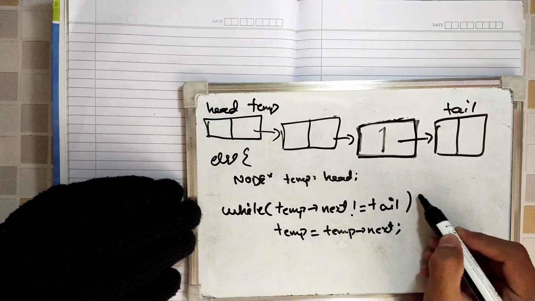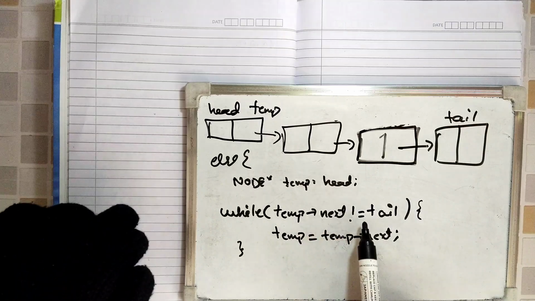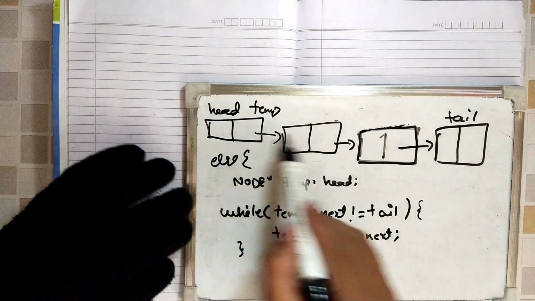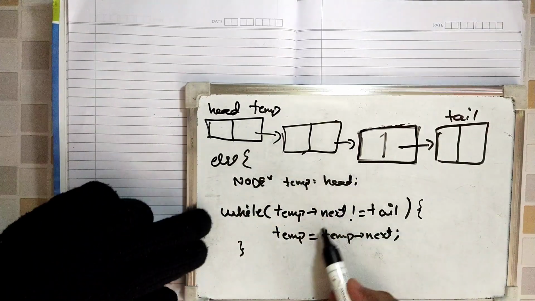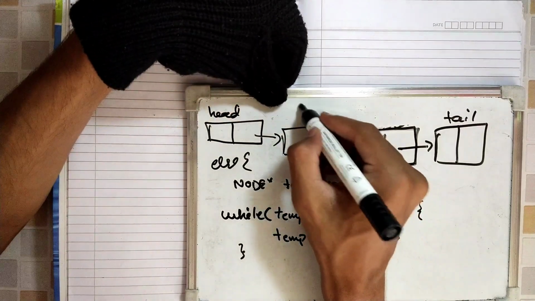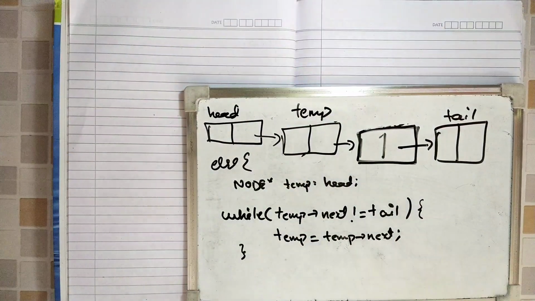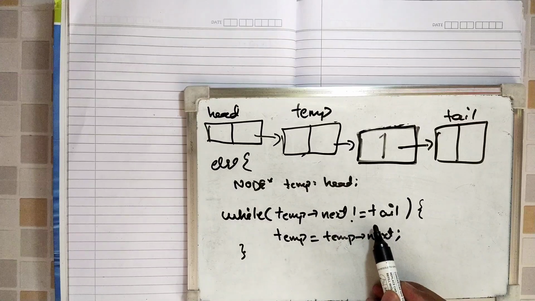Okay. So here temp of next, what is this? Is it tail? No. So what will happen? Temp equals to temp of next. So my temp, it is this now. My temp will come here. Okay. Now again it will check temp of next. So see here, temp of next is not equals to tail.